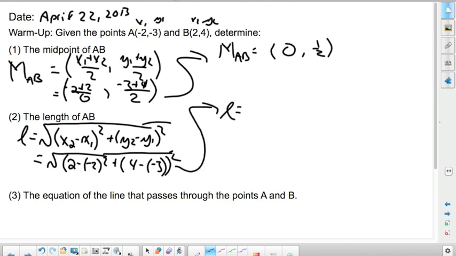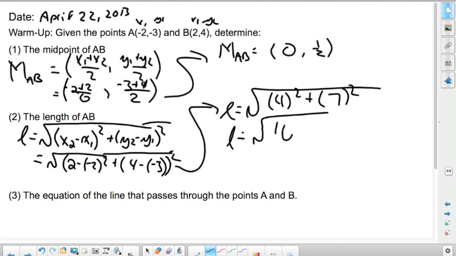That gives me L is equal to the square root of 4 squared plus 7 squared. Gives me the square root of 16 plus 49. So now it's just the square root of 65. And you can just leave the answer as that.